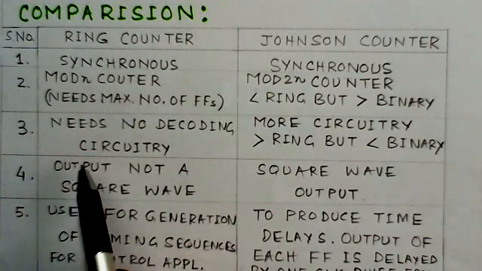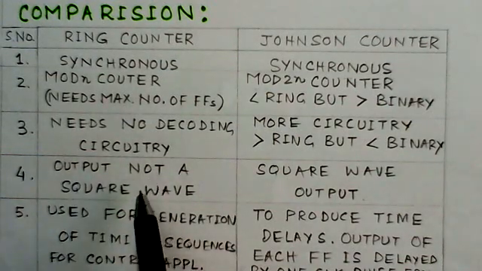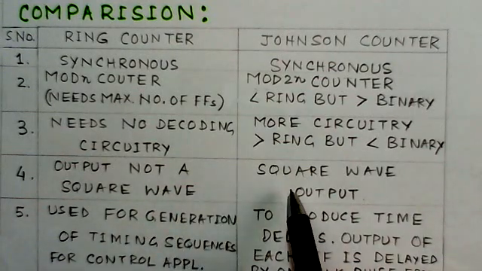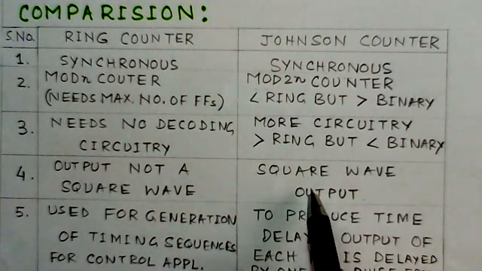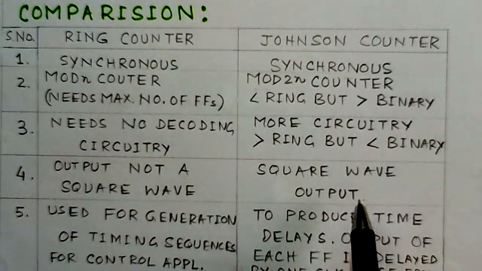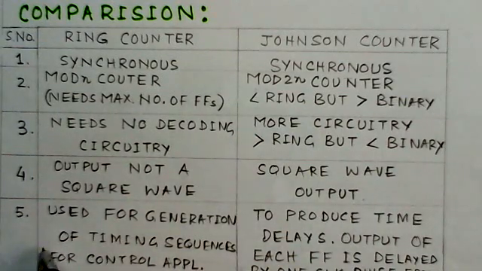Now the other part is output. The ring counter output is not a square wave, whereas the output for the Johnson counter is a square wave, and this is basically based on the application.